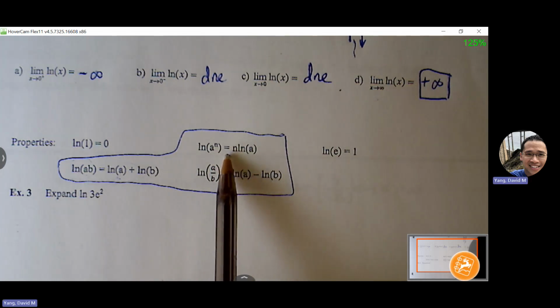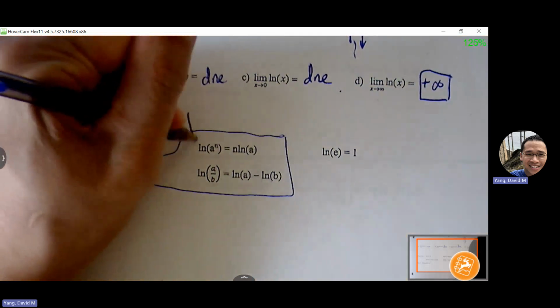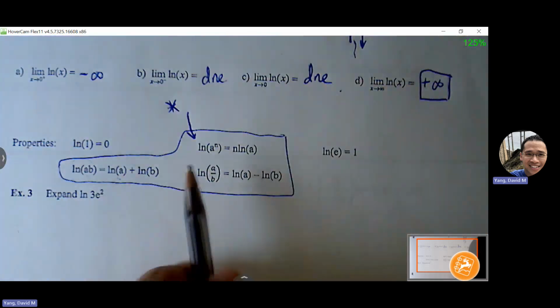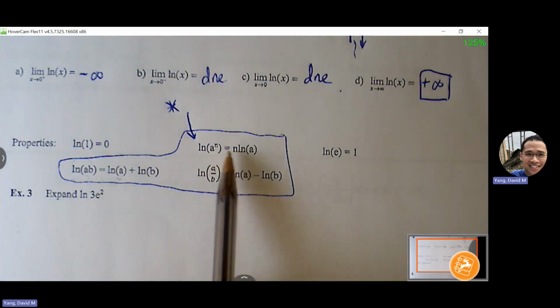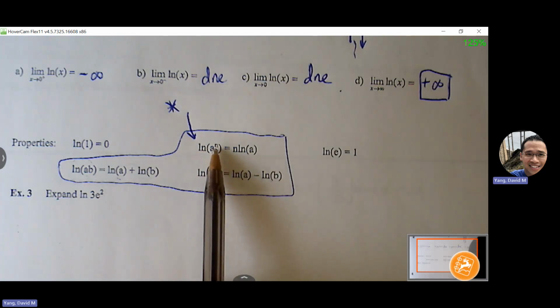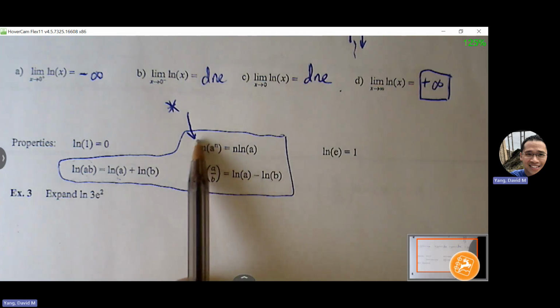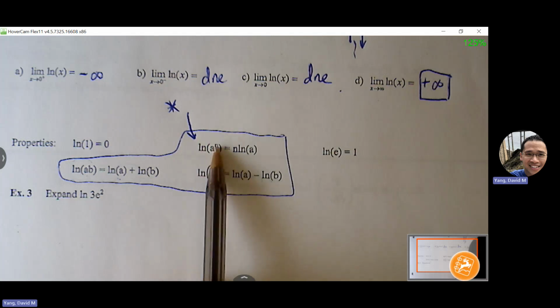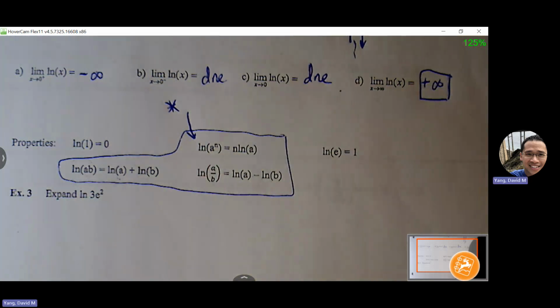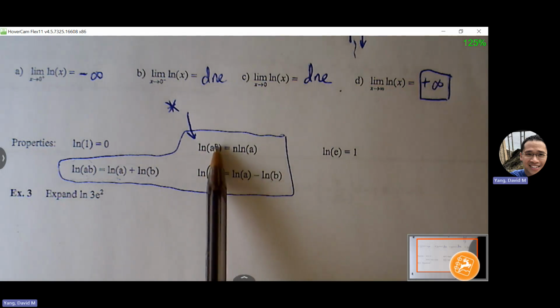Finally, the power property. This one I find to be the most useful. We're going to use this a lot here. The power property says that if I have an exponent within a natural log function, I can drag that number in front, or I can put it back up. Normally we can't do that, right? Normally I can't just take an exponent and move it down or back up. I'm changing the overall value. But the nice thing about natural log is it allows that exponent to come down without changing the overall value.